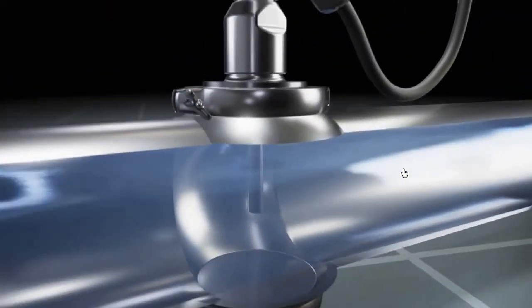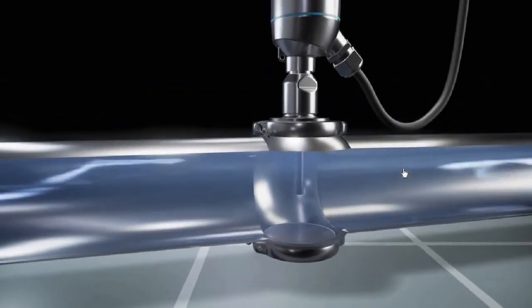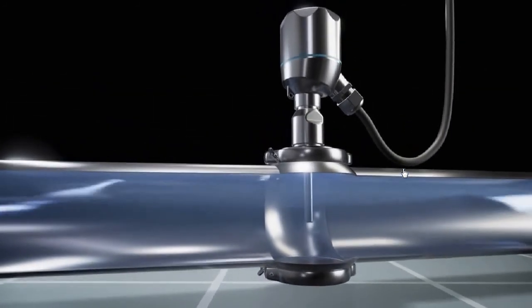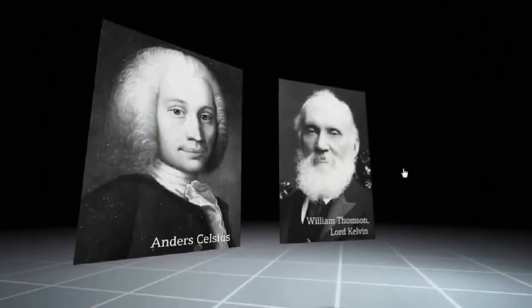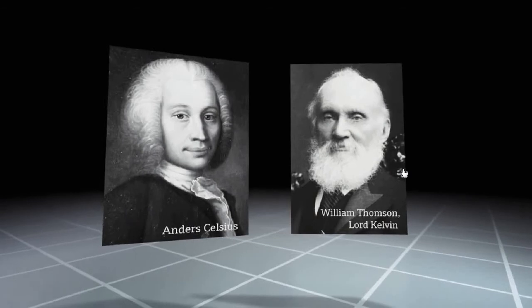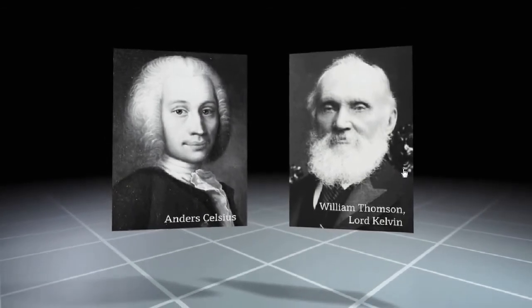Now, some animated video of RTD. You can see there is a fluid flowing whose temperature is to be measured, then the only option is RTD. So these are the leads which are totally immersed in the liquid. Now there are 2 scientists, Anders Celsius and William Thomson, Lord Kelvin.